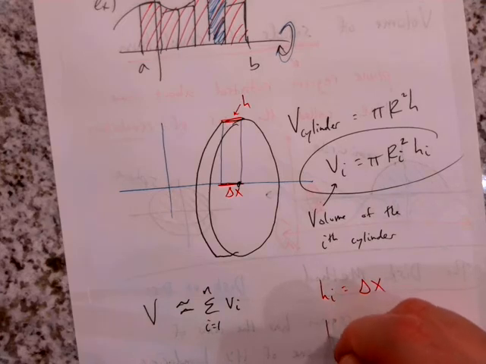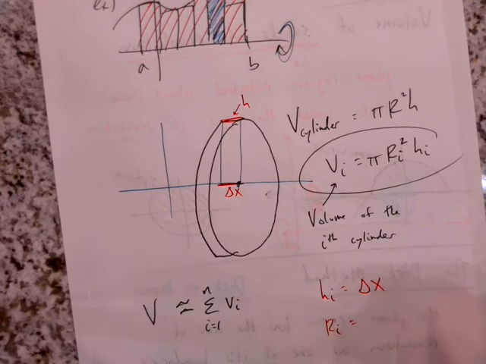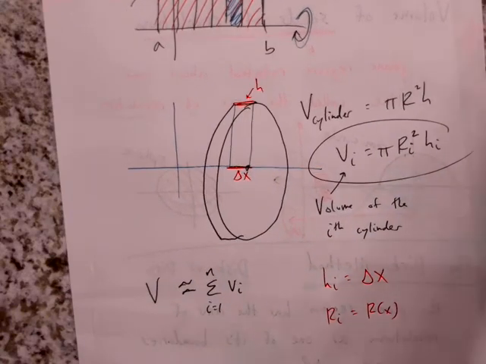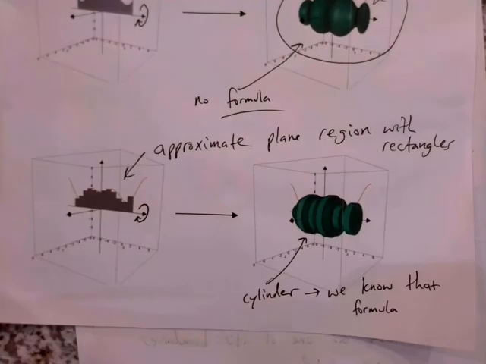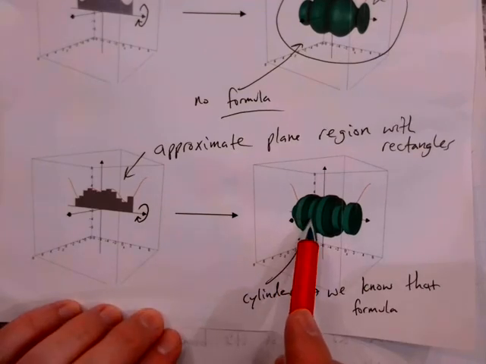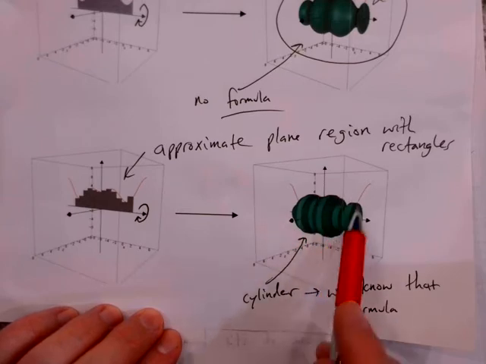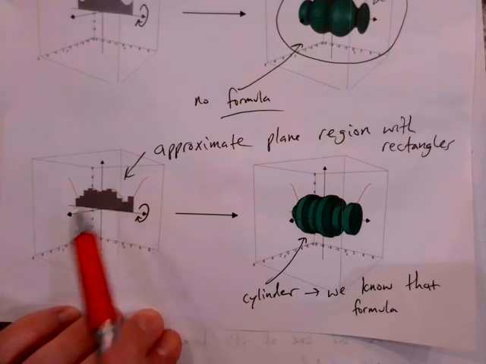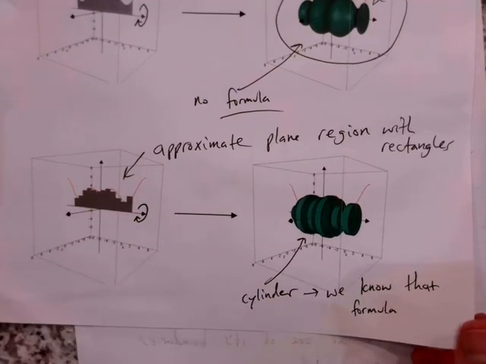r sub i is going to be a function of x. So we'll call it big R of x. We know it's a function of x because if we go back to our formula here, as you move down the x-axis, where you are on the x-axis determines what the radius is of that cylinder, right? Because the radius is based off the function, and the function is a function of x.